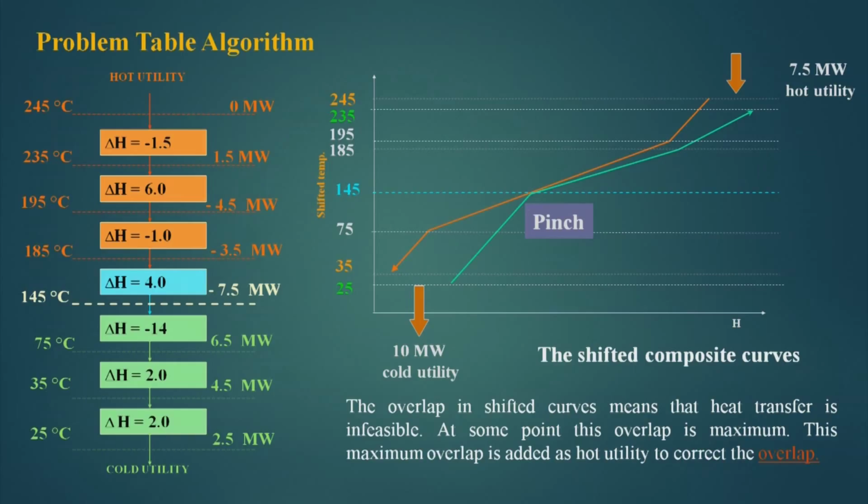Now, let us see how to do this, and when we do this, then the cold utility requirement will be 10 megawatt and the hot utility requirement will be 7.5 megawatt.